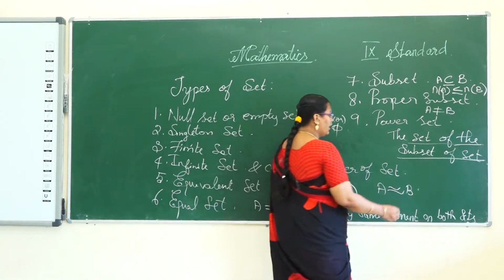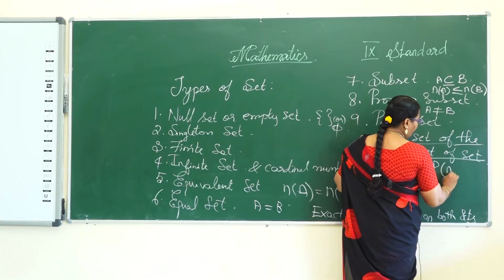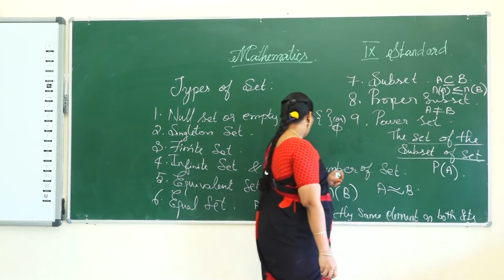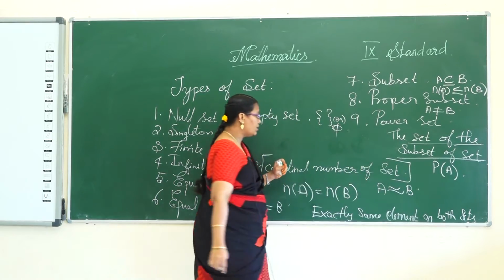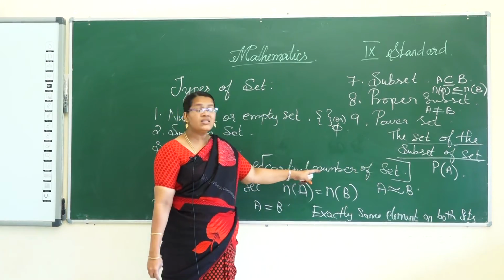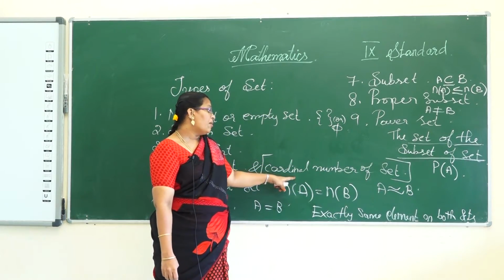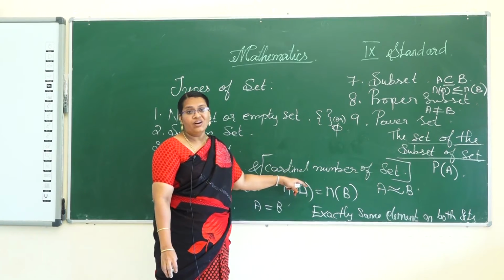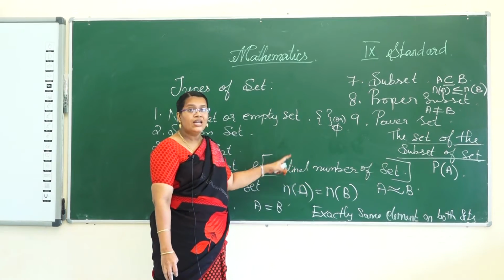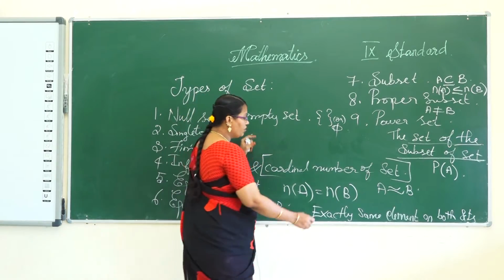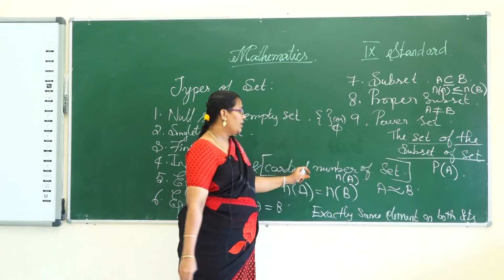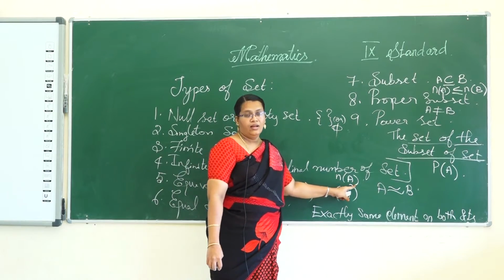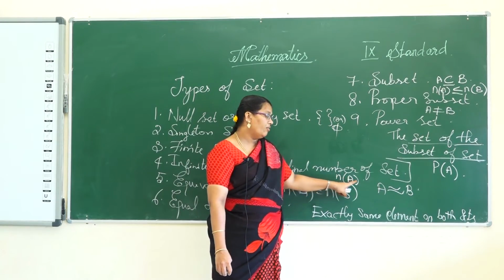It is denoted by P of A. And here, one more: cardinality of a set, or cardinal number of a set. Number of elements in a set is called the cardinality of the set. It is denoted by n of A.